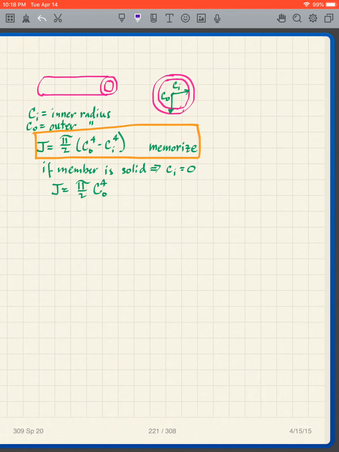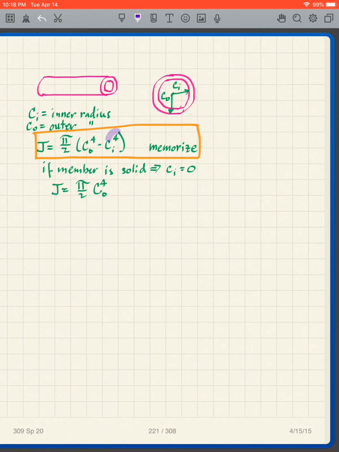If the member is solid, in other words, the inner radius is 0, then this equation breaks down to pi over 2 times C outer to the fourth. You can memorize this. The reason this is easy to memorize to a certain extent is, one, if you remember, moment of inertia has units of meters to the fourth, or feet to the fourth, or inches to the fourth.